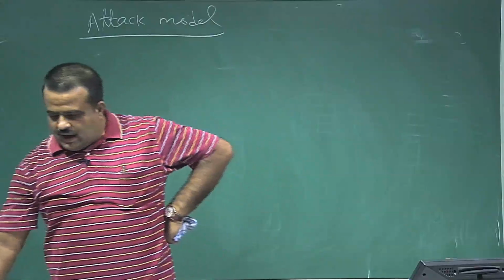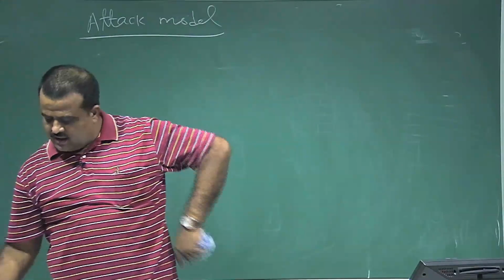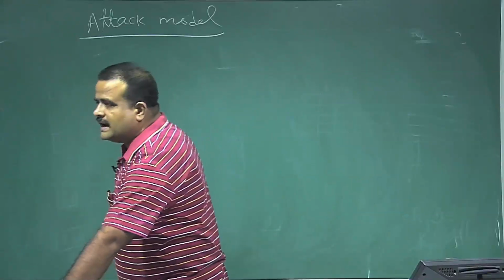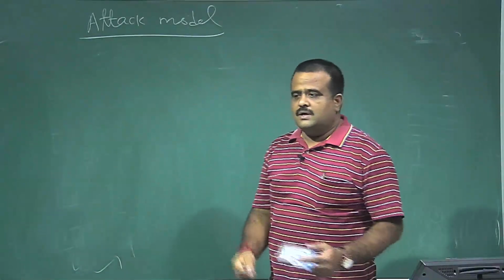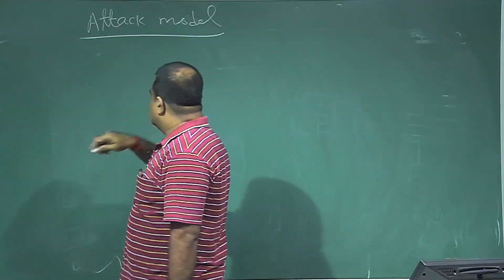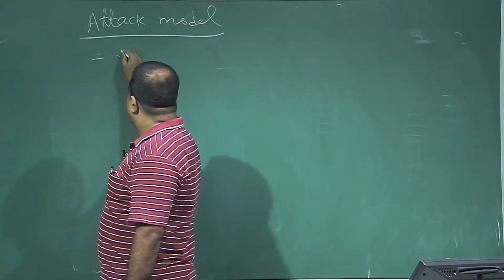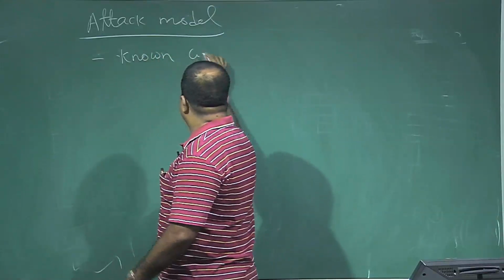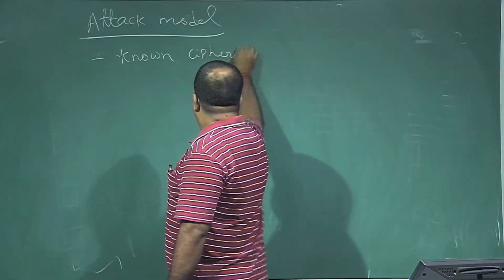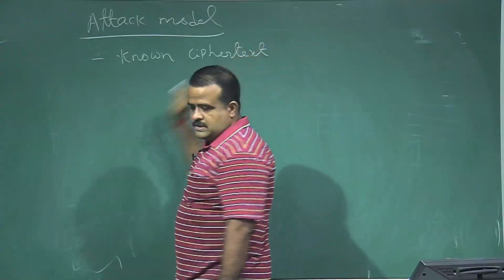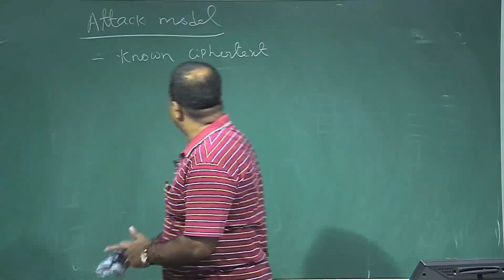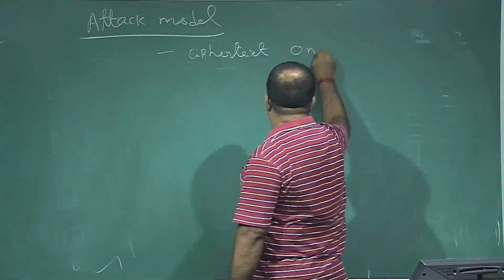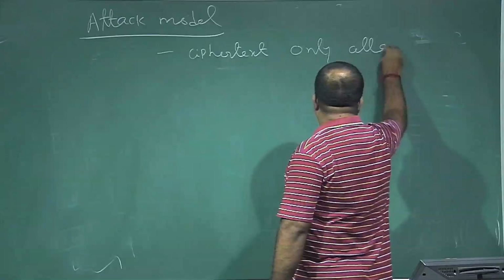So, what are the attack models we can think of for a cipher? The first one is the known ciphertext attack, or this is called the ciphertext only attack.